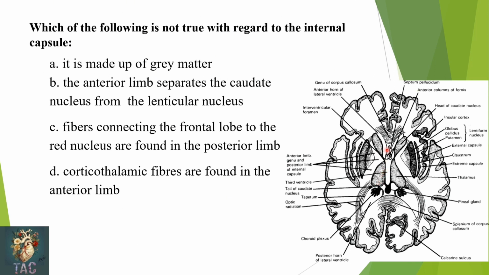Here is the caudate nucleus, and here you can see the globus pallidus and putamen, collectively called the lentiform nucleus. So the option that it is made up of gray matter is incorrect. All other options are true, and option A is the answer to this question.